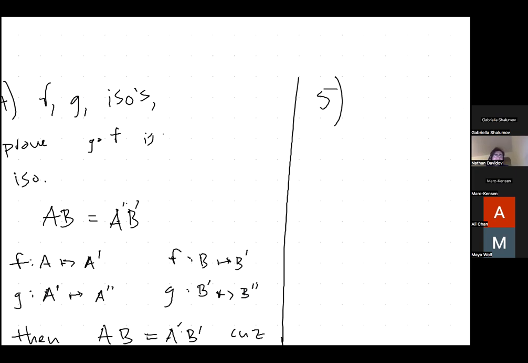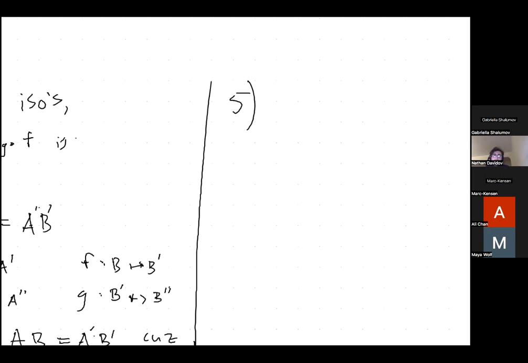Let I be an isometry. Prove that I preserves betweenness. Did everyone do this question? I feel like I did this in class. I think you're gonna use the definition of betweenness: A, B, C implies that A prime, B prime, C prime.